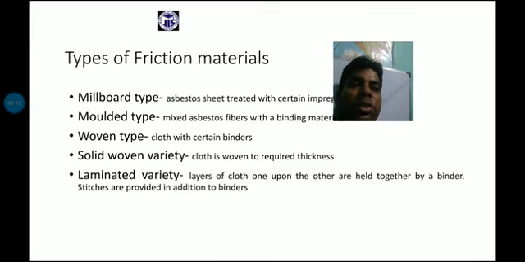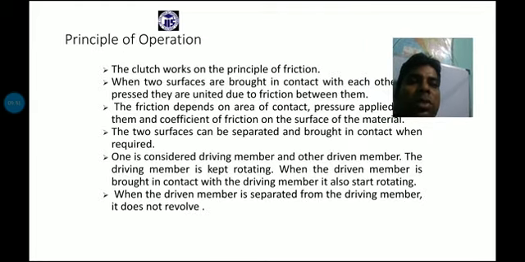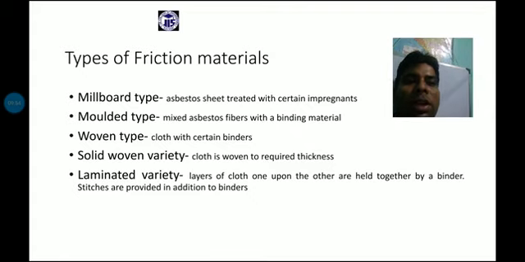Next point is that some typical friction materials are there. One is the millboard type material, that is an asbestos sheet treated with certain impregnants. Next is the molded type, which is asbestos mixed with binding material.